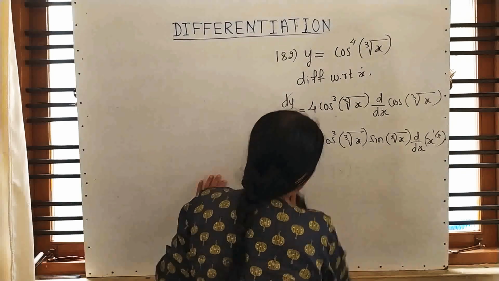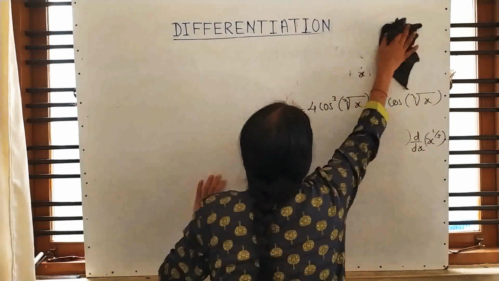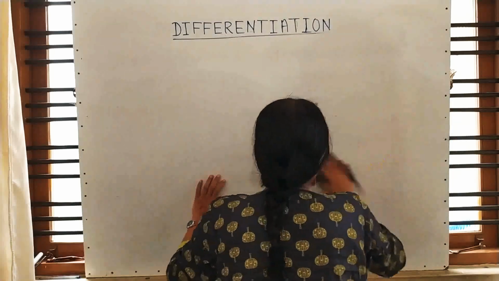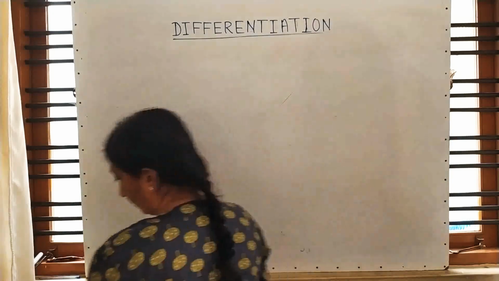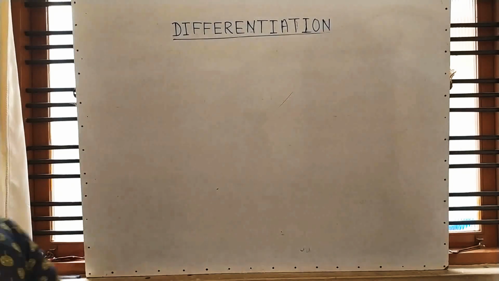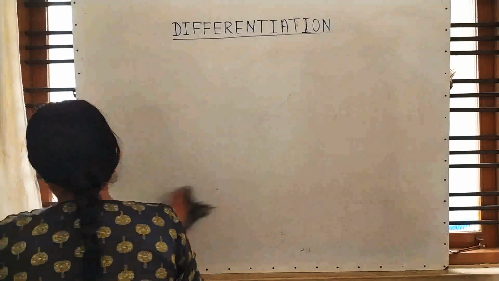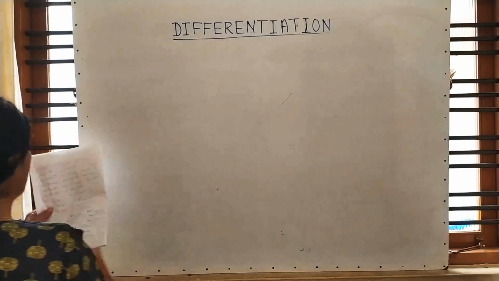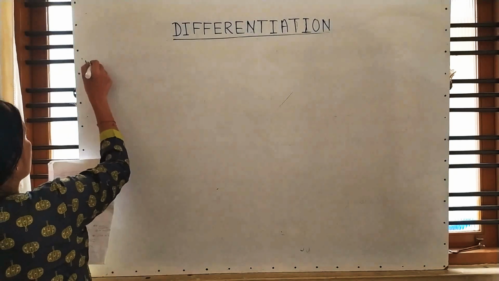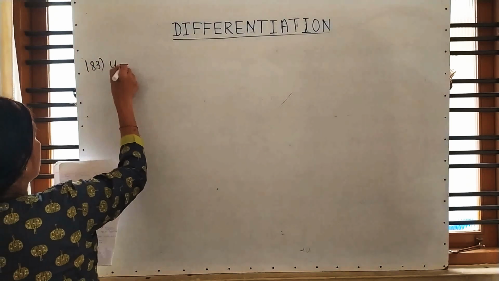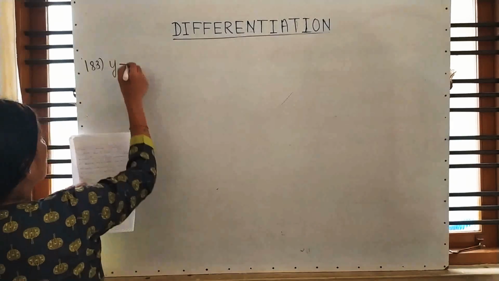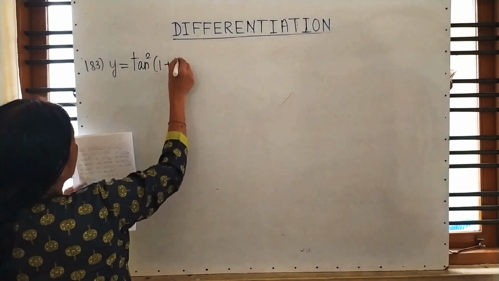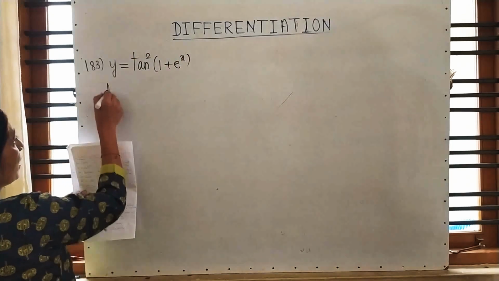183. y is equal to tan square of 1 plus e raised to x, first power.